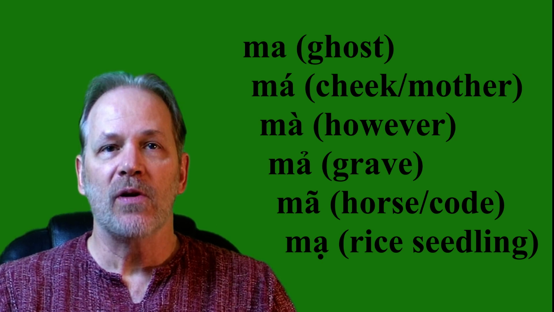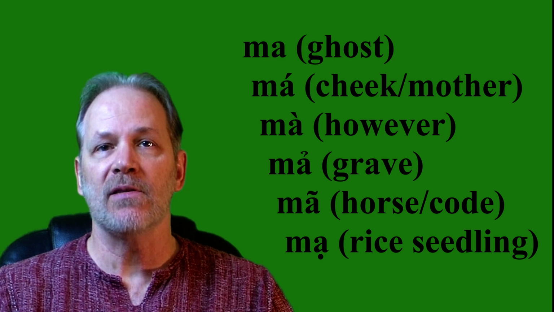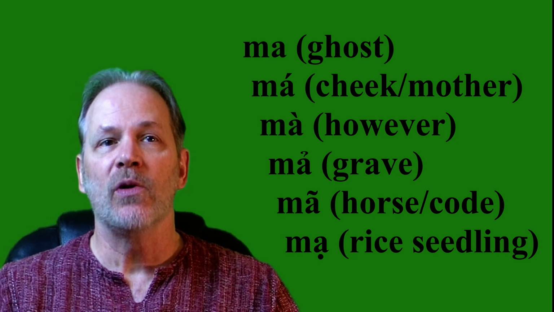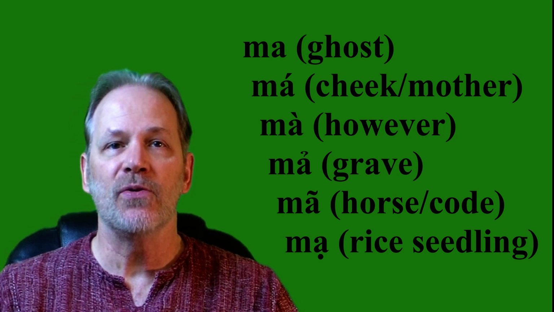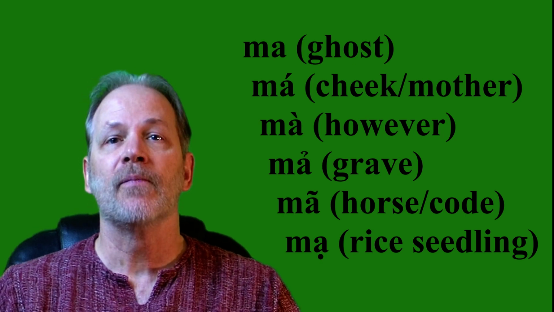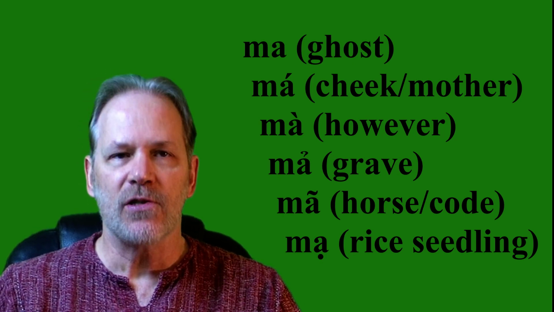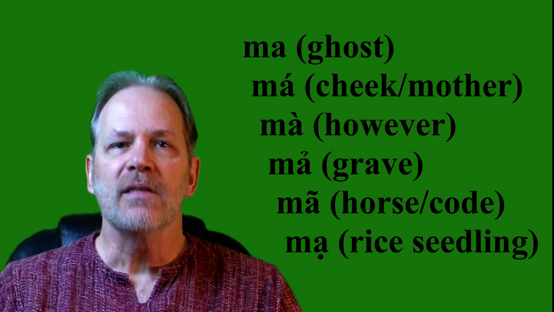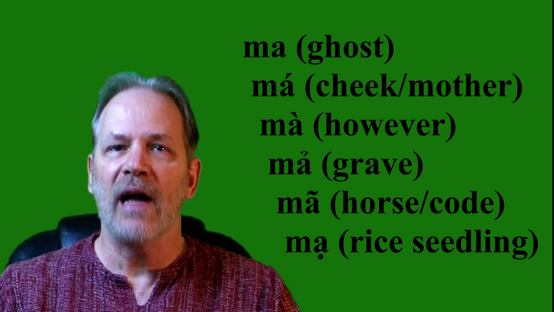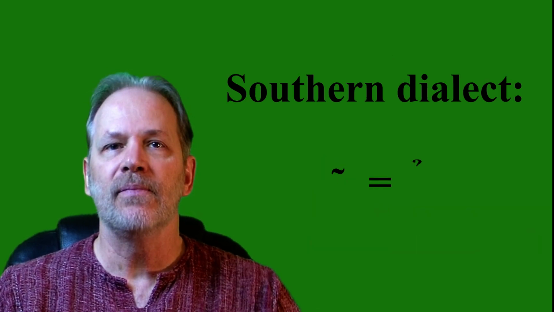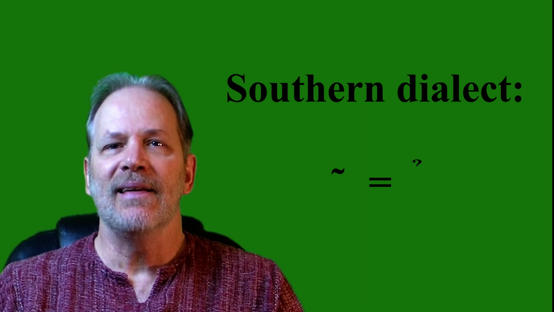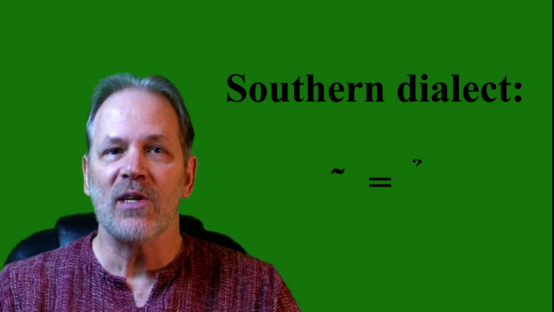Now, if you speak Northern dialect, each of these 6 tones is pronounced distinctly, different from the others, which is one reason many foreigners choose to learn North Vietnamese dialect. There's less chance of being misunderstood when you speak. In Southern dialect, the zao ngã, that tilde sound, sounds the same as the zao hỏi, the question mark.